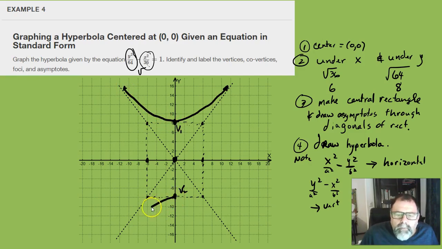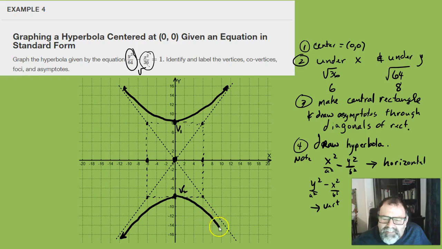Again, I'm going to curve out to the asymptotes. Don't be in a hurry to get there, but you want to make a nice curve. Oh, that was horrible. Let me try that again. Okay, and then that's it. You're done, except they want you to label everything.